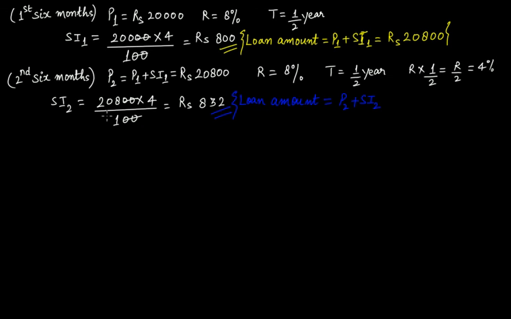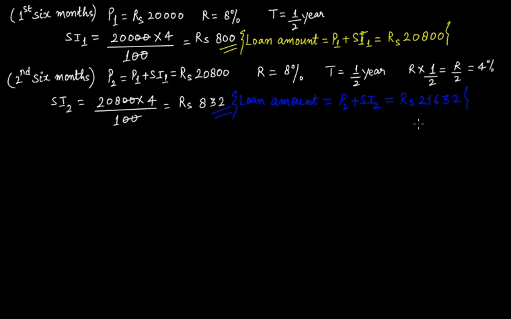So loan amount at the end of second period of 6 months means this plus this plus this, right? So you have P2 is 20,800. This is 832. So your loan amount will be rupees 21,632. Okay.